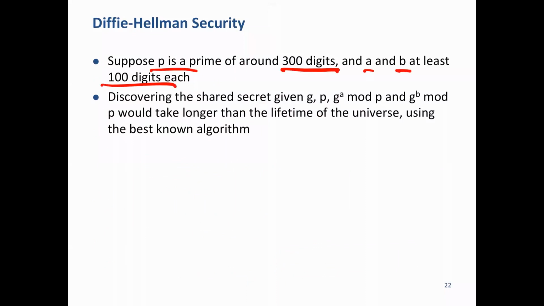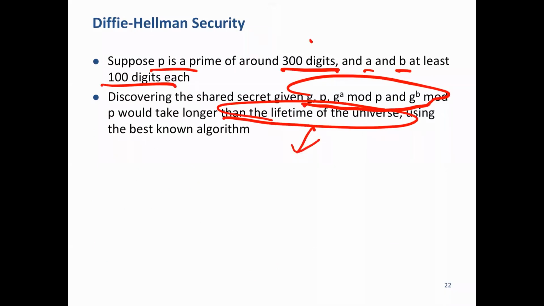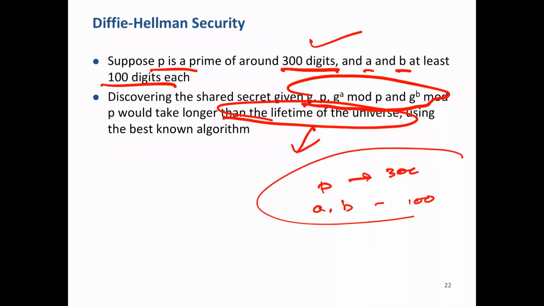Discovering the shared secret given all these numbers will take longer than the lifetime of the universe, even for this 300 digit prime P and A and B of approximately 100 digits. So it is extremely difficult to break, and nobody has been able to break this algorithm so far. Now, can we do an attack on this one?